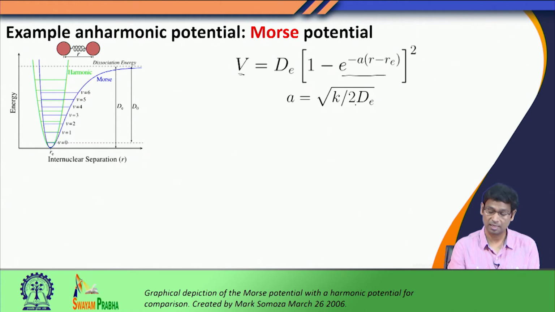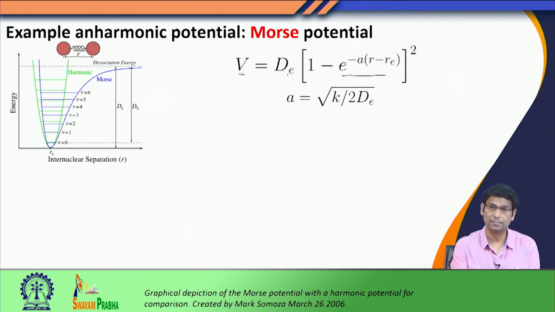Let us now look at this V form and then discuss dE. Suppose I go for r equals 0, that means the two atoms are extremely close to each other. When r becomes 0, in this term you would see that this r becomes 0. So this term becomes e to the power plus a r, an exponentially large term, and when I square this, it would give me a large quantity.